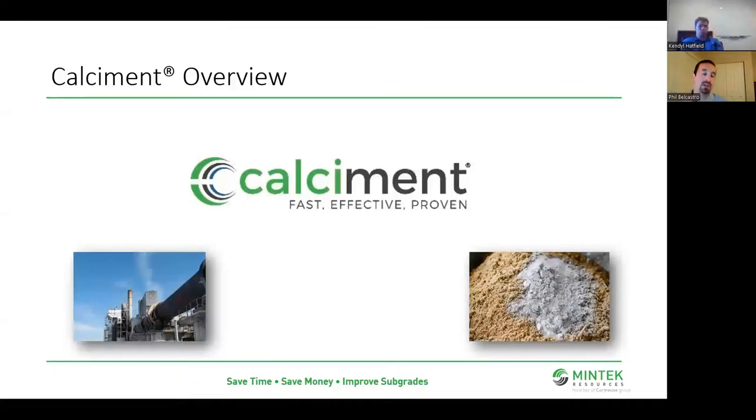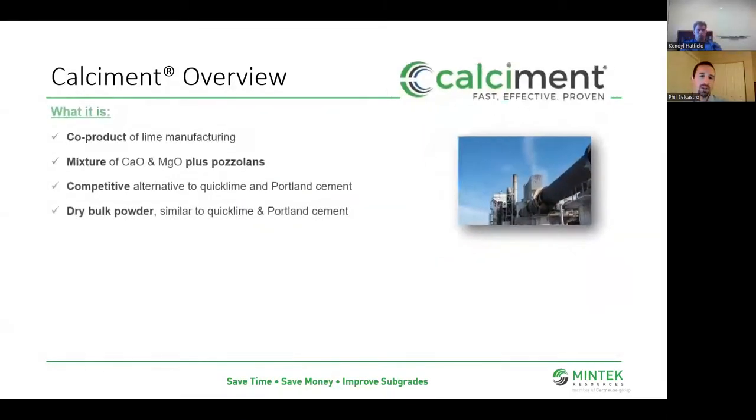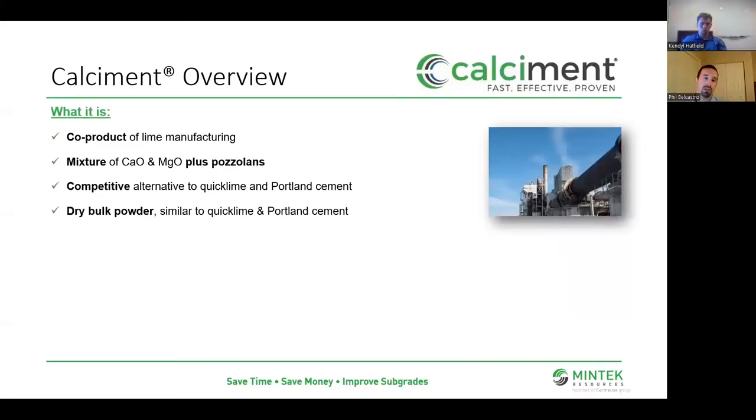Now to the Calciment LKD, which is where our pozzolans come in. So it's a co-product of our lime manufacturing process. It's a mixture of the calcium and magnesium oxides that we talked about, plus these pozzolans. Now they're coming from the fuel that we use to fire a lot of our kilns, and they're captured and built right into the product.